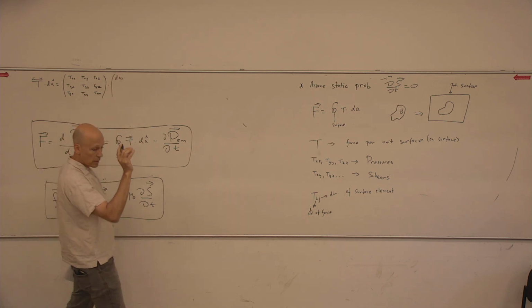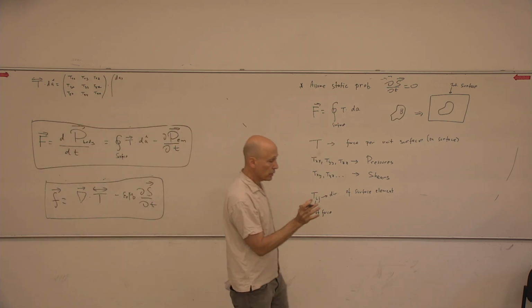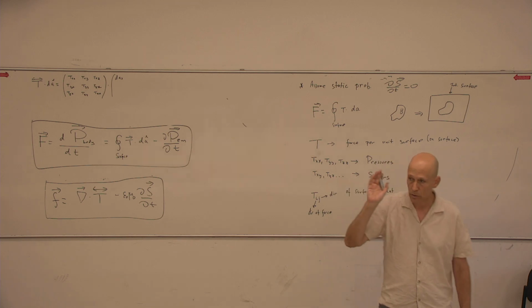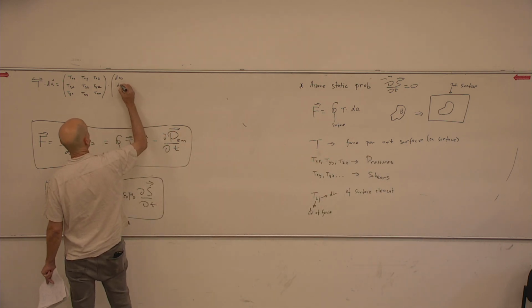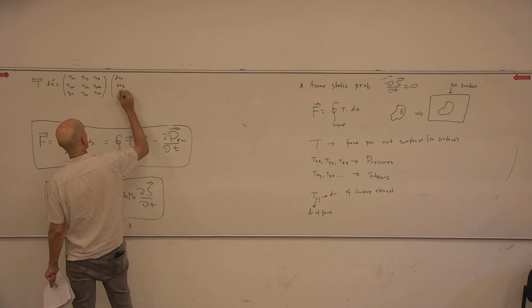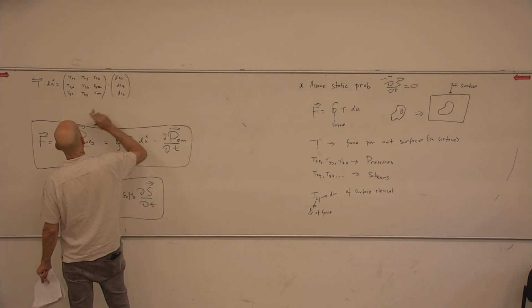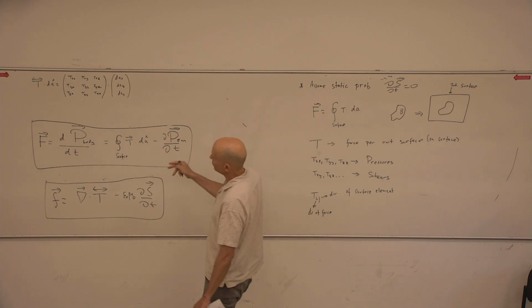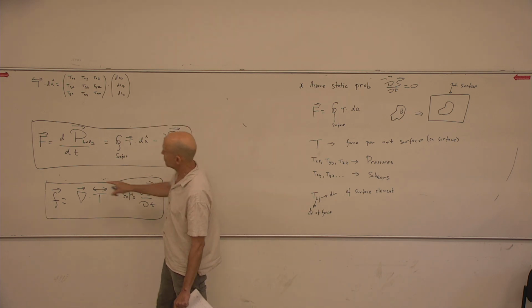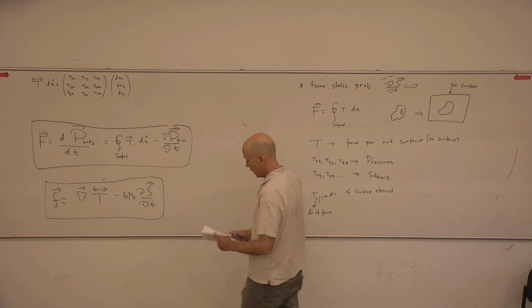This is already the surface. I'm on the surface. It has a direction. It can be not in the x, not in the y, not in the z direction. So it has three elements in principle. And then I need to multiply this, and what I'll get out, I'll get three elements because the force has three elements.